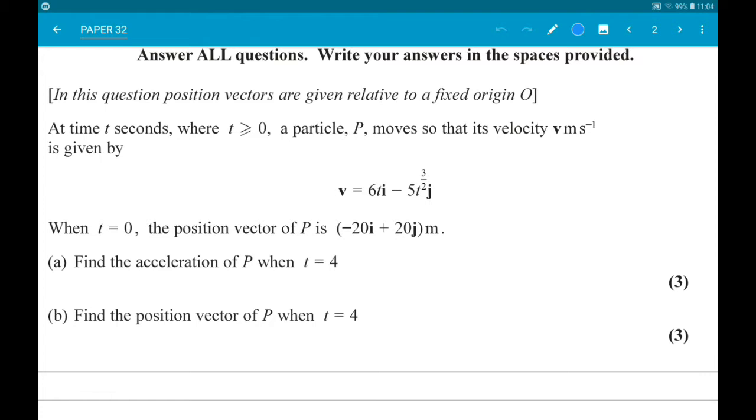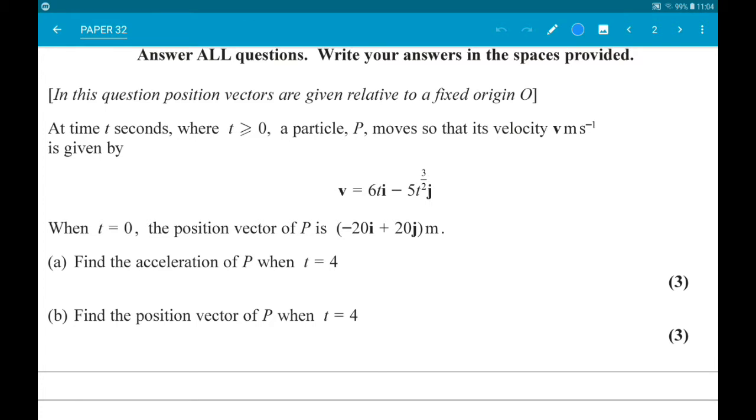At time t = 0, the position vector of the particle is minus 20i and 20j. Part A. Find the acceleration of P when t is 4.